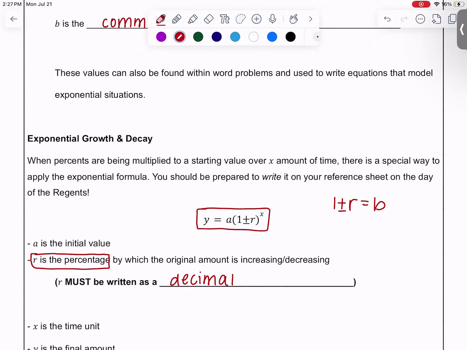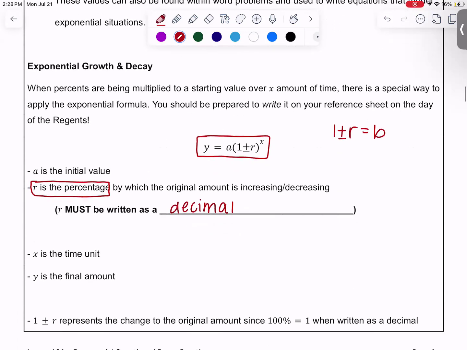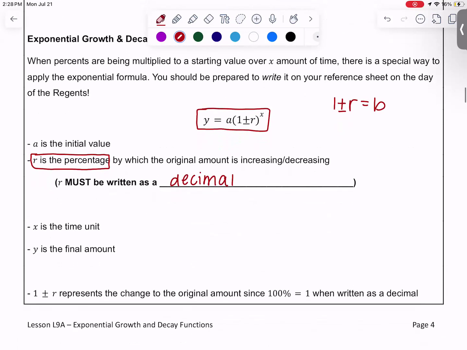We saw on the last page that we didn't just write 1% or 3.2%. We wrote 100 plus 1% or 100 minus 3.2%. We took 100%, which is 1, and added or subtracted our percent from it. And so that's what we're going to do whenever we have a percent. X is still the time unit, and Y is the final amount.